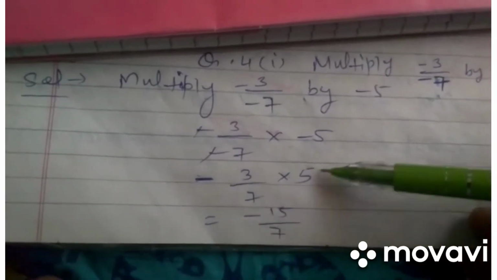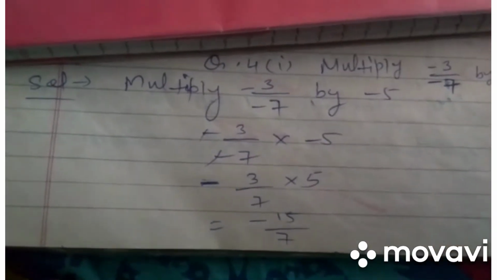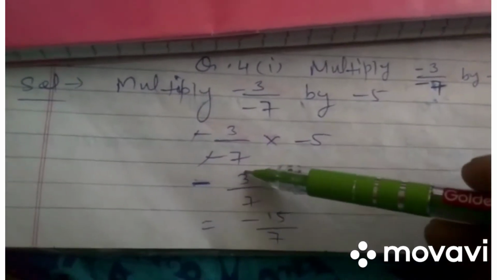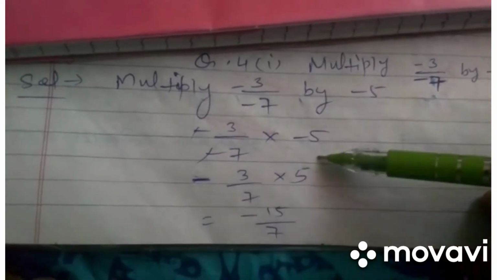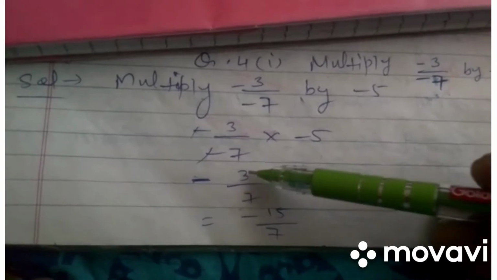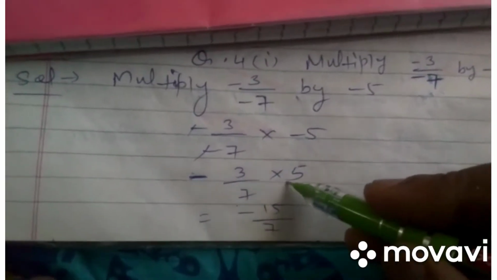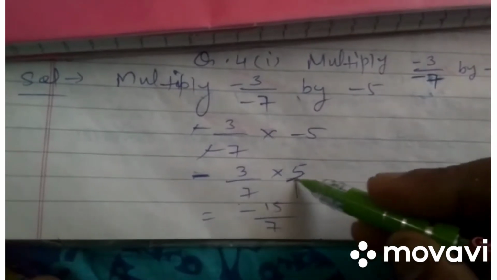Minus 3 upon 7 multiply 5. Now if you can cancel numerator with denominator, then cancel. Here we can't cancel this numerator and denominator, this numerator and denominator, on one table we can't cancel. That's why the numerator will be multiplied with numerator and denominator with denominator. Here there is no denominator, you can consider 1.